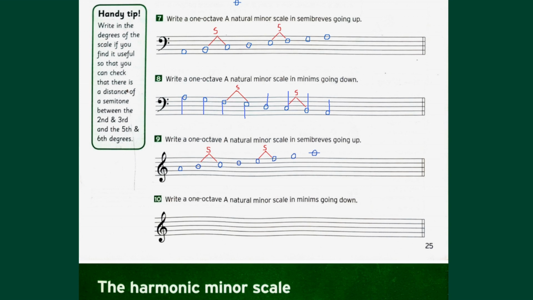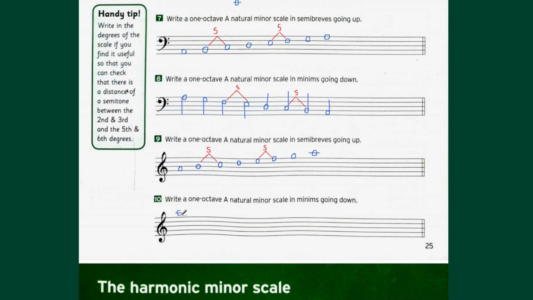Let's check the last one. Write 1 octave A natural minor scale in minims going down. So this time it's the same question as number 8, but we need to write it in the treble clef. So I've just found out the higher A here. I'm going to use this as my starting note.